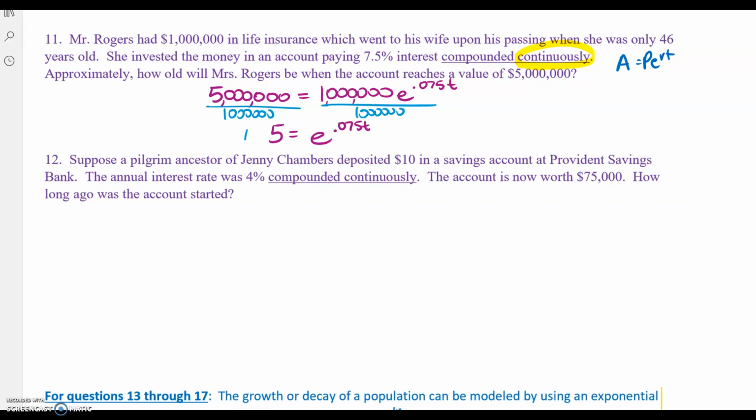I'm going to ln both sides of the equation. And that gives me ln 5 is equal to, these cancel out, 0.075t. And if I divide both sides by 0.075, that will tell me how long it takes the money to grow from $1 million to $5 million.